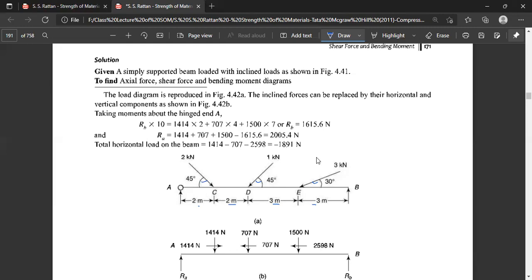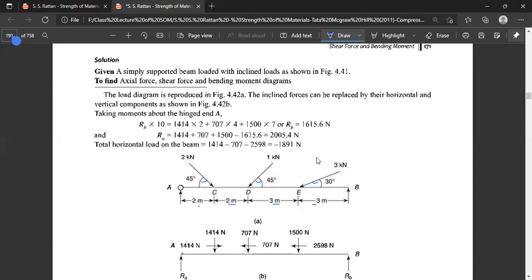Now, if we take the moments about the hinge A, then RB multiplied by the distance 10, that is 2 plus 2, 4 plus 3, 7 plus 3, 10 meter, is equal to the moments of the vertical components of the forces only.